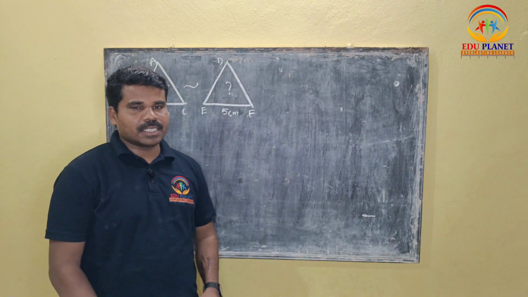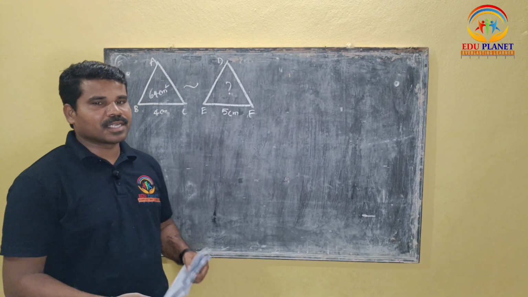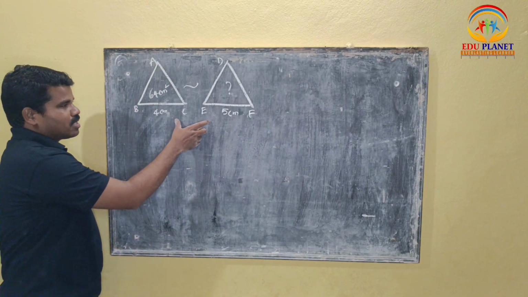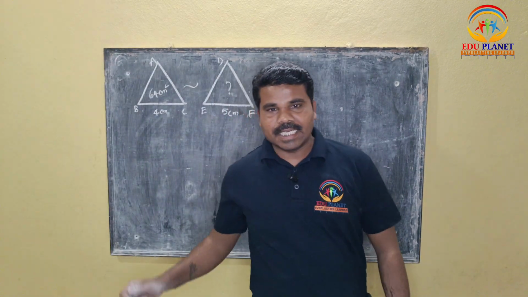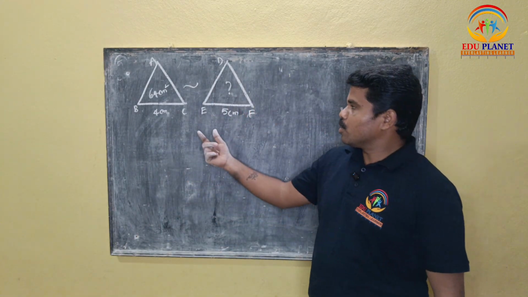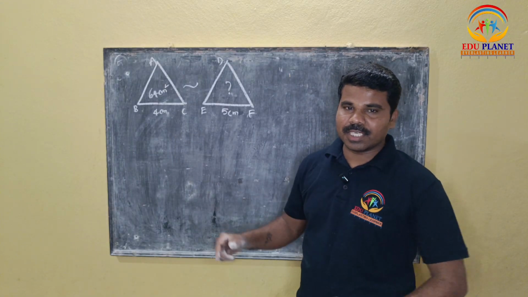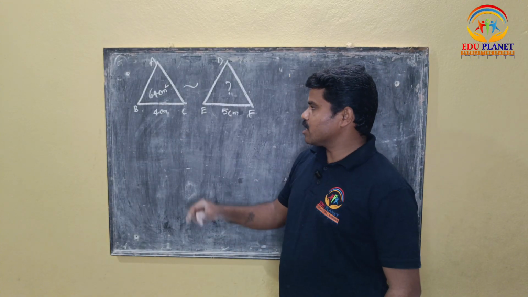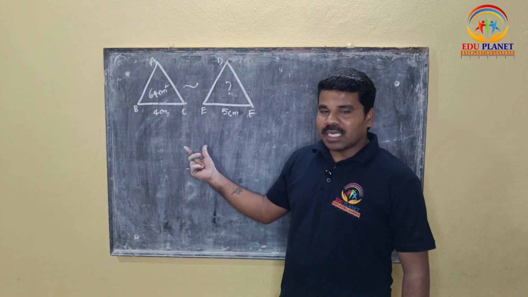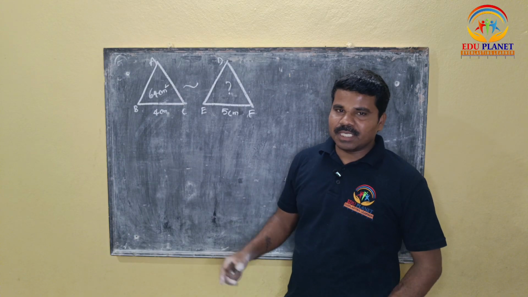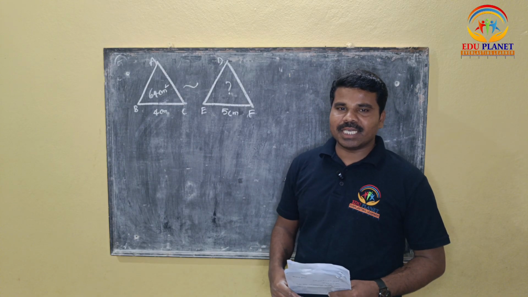Before solving this question, let's recall the similar triangles areas theorem, because the question is related to finding area. The theorem says: the ratio of the areas of similar triangles must be equal to the ratio of the squares of their corresponding sides.